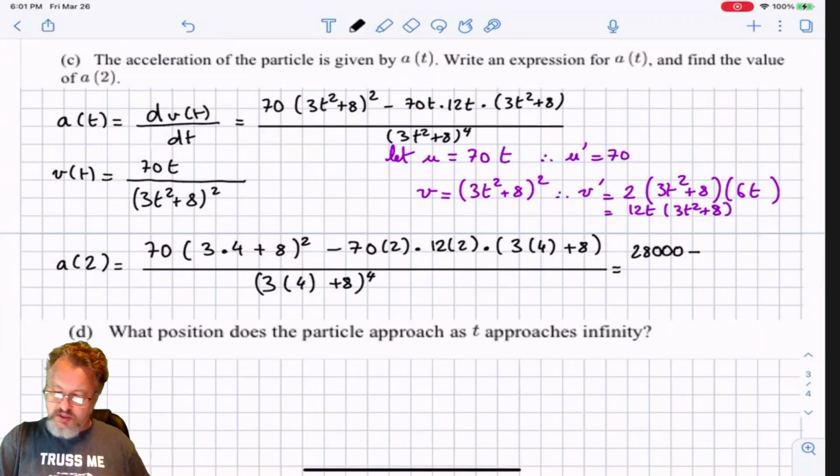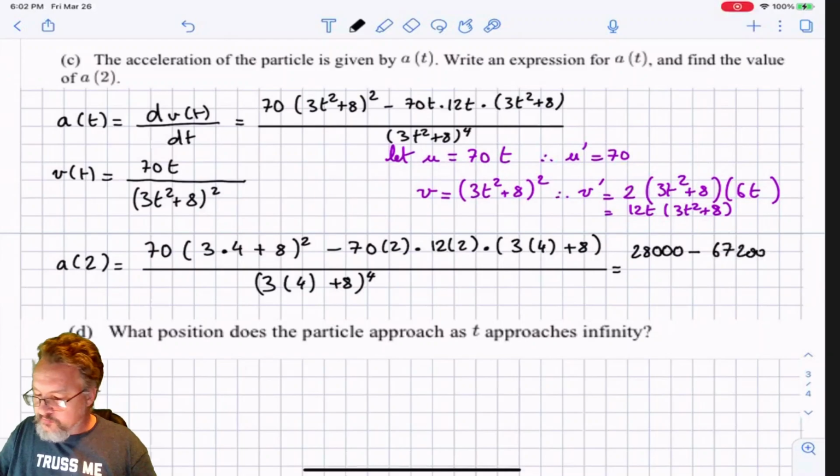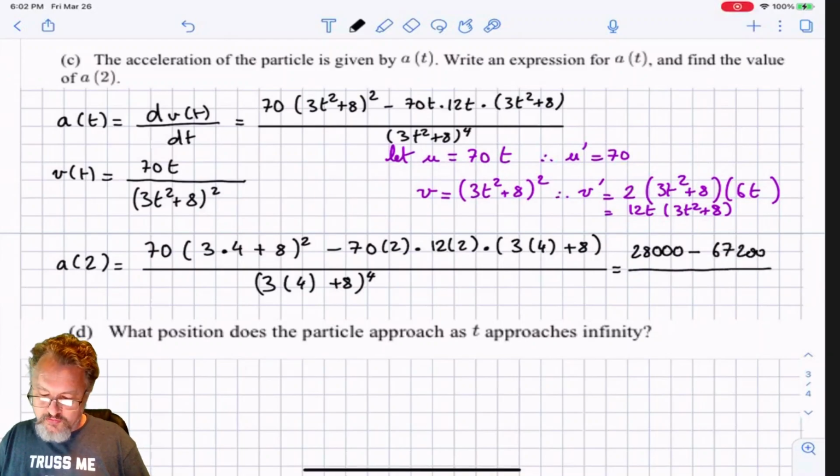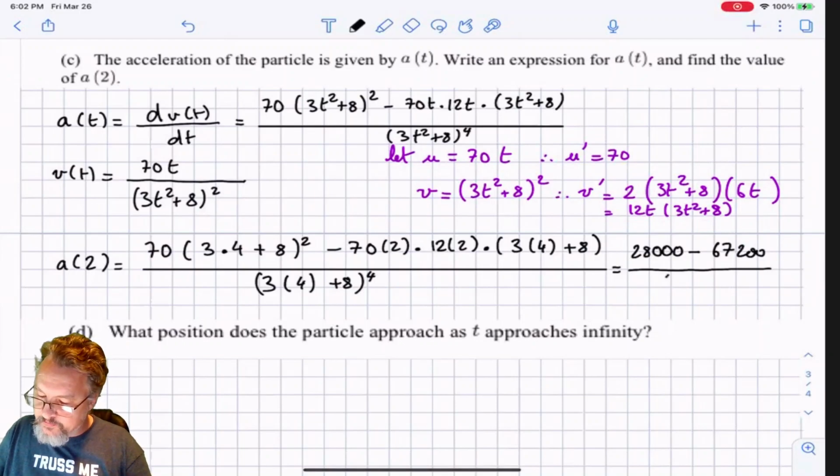Minus 70, I'm going to do it on my calculator, times 12 times 4 times 20, 67,200, over, and that's going to be 3 times 4, 12, 12 plus 8 is 20, 20 exponent 4 is 160,000.